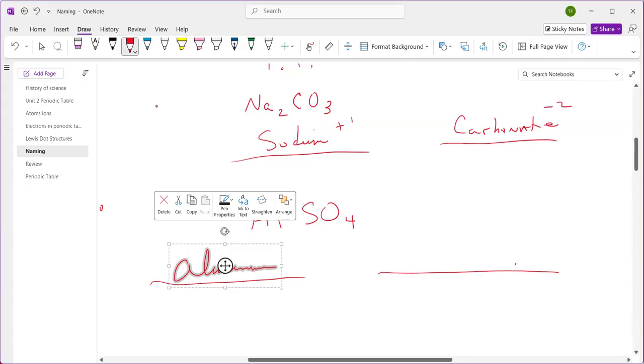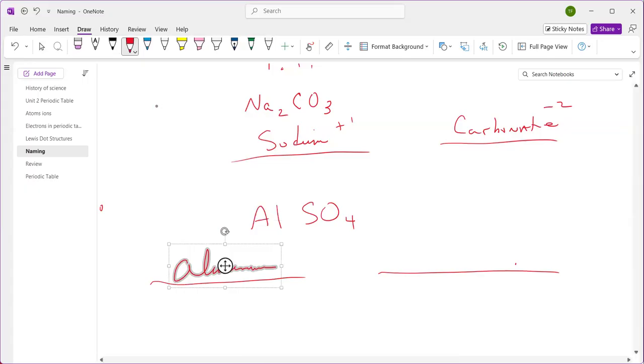What is it? +3. What's the charge on sulfate? -2. So is this net zero? We gotta fix it then. How are we gonna do it?